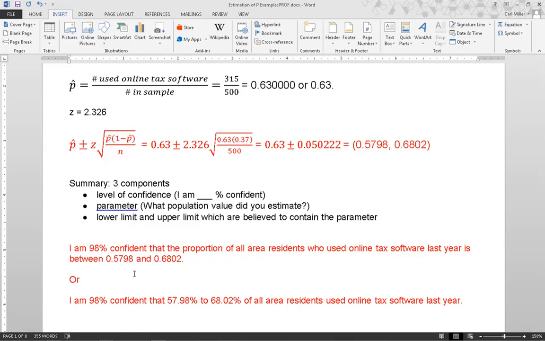I am 98% confident that the proportion of all area residents who used online tax software last year is between 0.5798 and 0.6802. Or, if I convert to percentages first, I might say I am 98% confident that 57.98% to 68.02% of all area residents used online tax software last year.